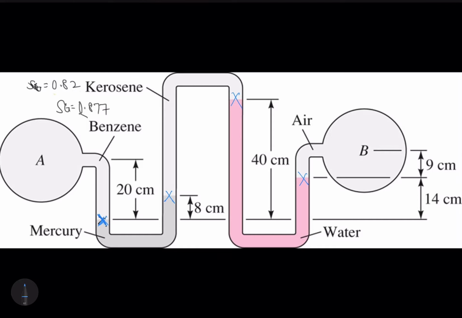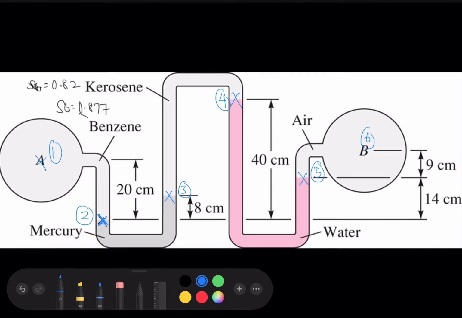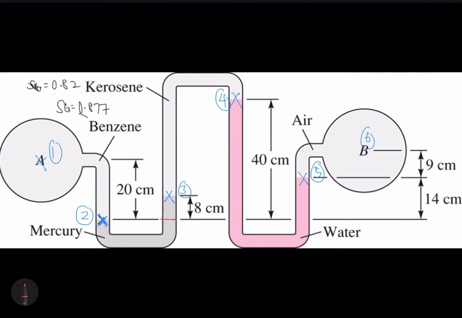If you decide to go from left to right, we call the point A here point 1, and over here point 2. Here is point 3, over here point 4, this is point 5, and B is point 6. One more thing: at point 2 at the bottom here, you can see on the left and on the right side, both are in the same fluid and at the same level.